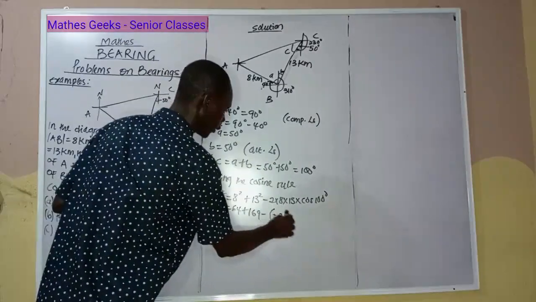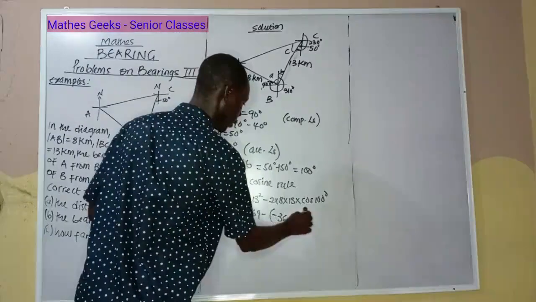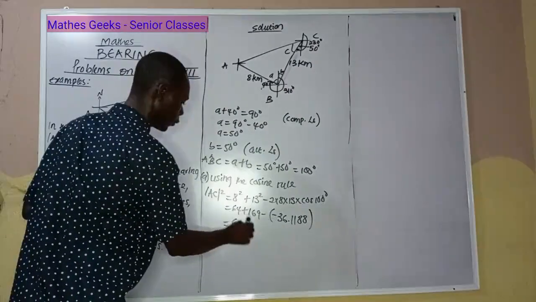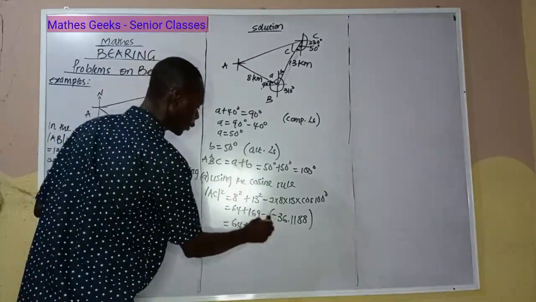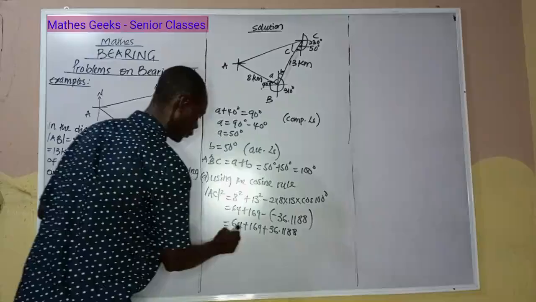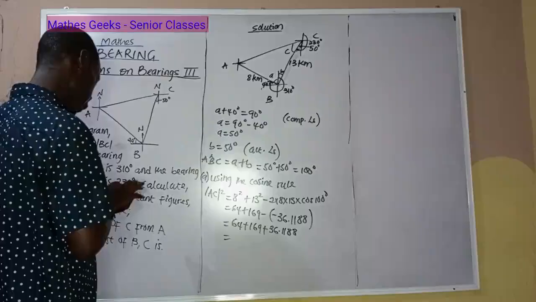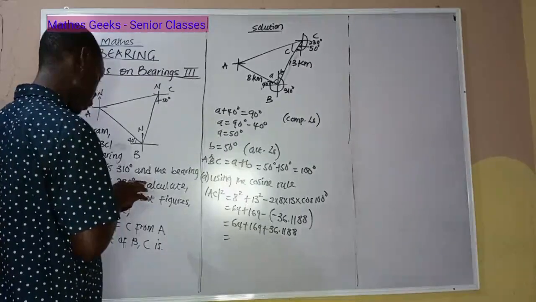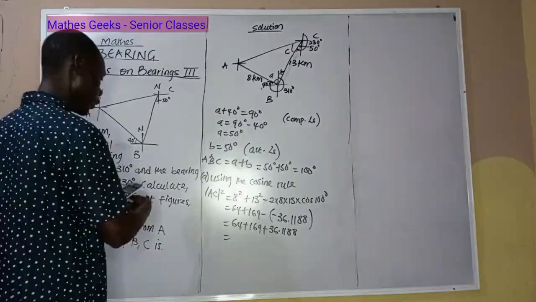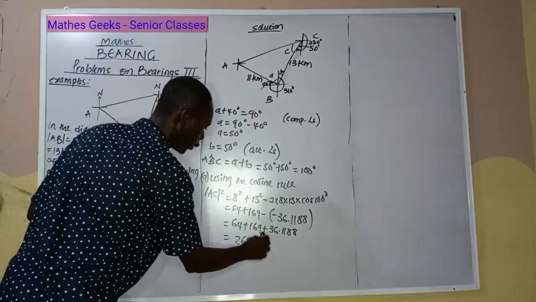That is just minus 36.1188. Minus times minus is plus, so this will be 64 plus 169 plus 36.1188, which is 269.1188.